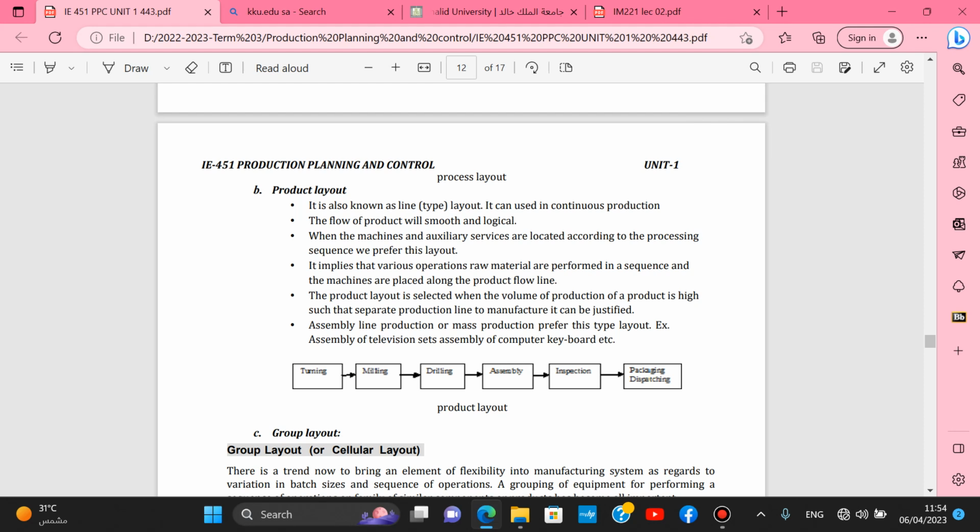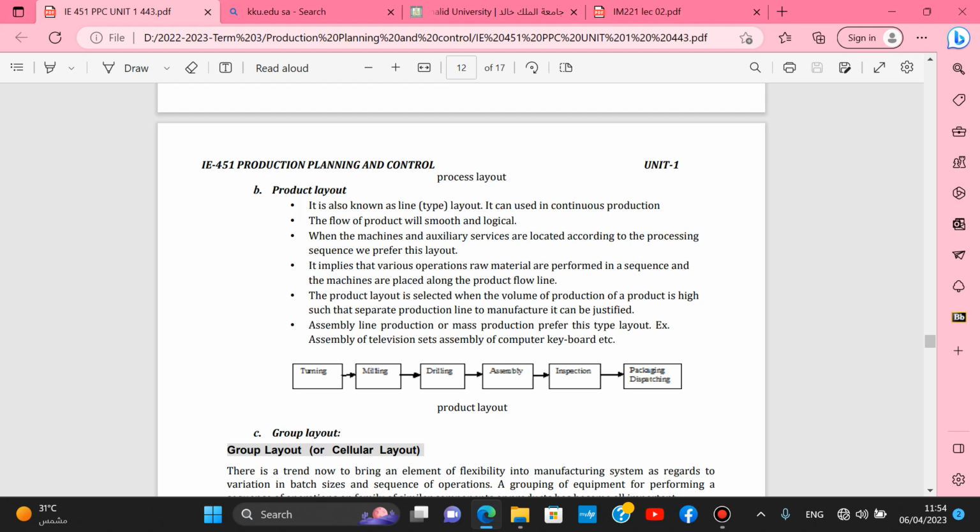يعني الماشينز منظمين حسب البروسيس، حسب المراحل اللي يمر بها البرودكت. إذا بنستعمل layout هذا. It implies that various operations raw material are performed in a sequence and the machines are placed along the product flow line. The product layout is selected when the volume of production of product is high. لما يكون الفوليوم high والفاريتي ما هي كبيرة.